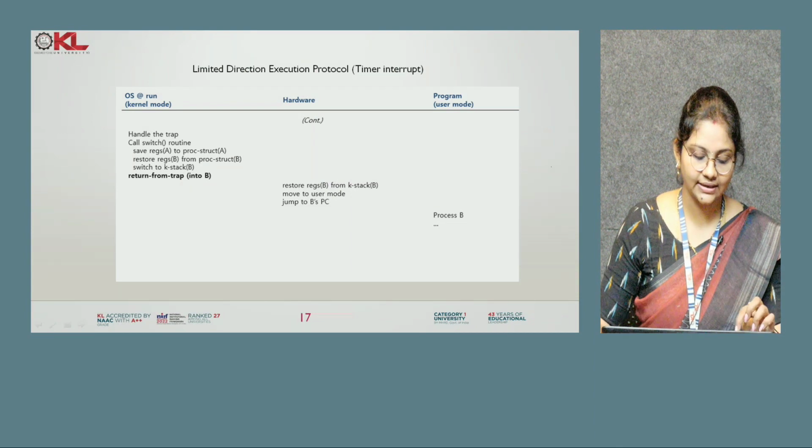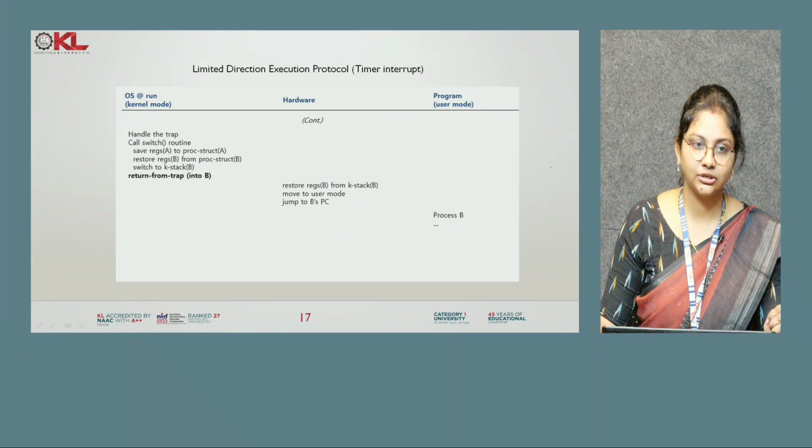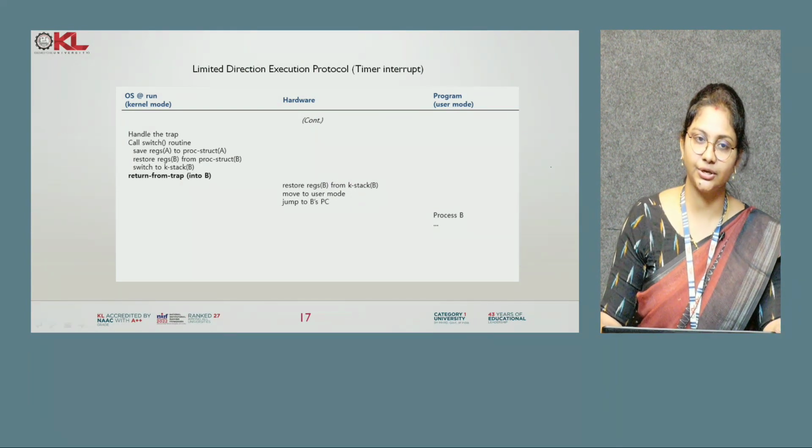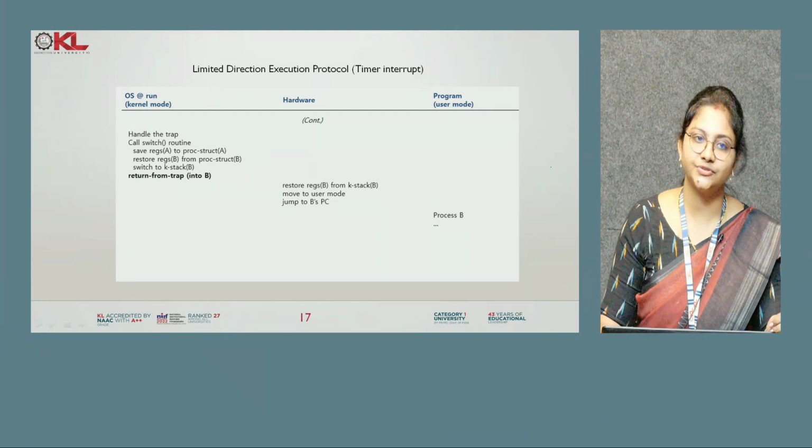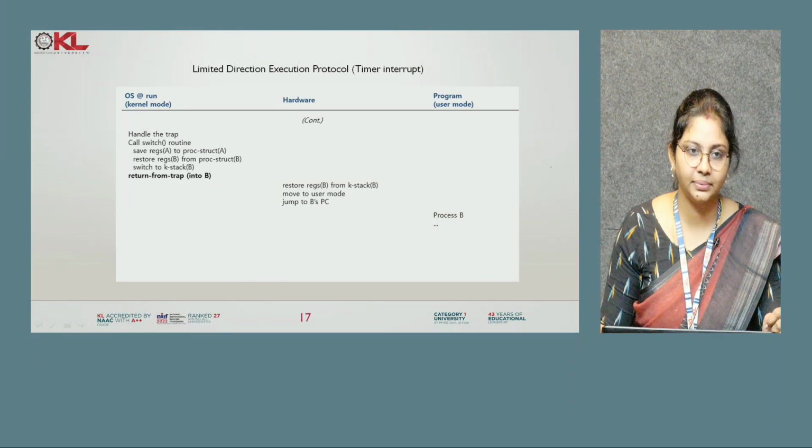Now see here, handle the trap and call the switch routine, save the registers of A to process structure A, restore the registers of B from process structure B and switch to kernel stack B. Okay.